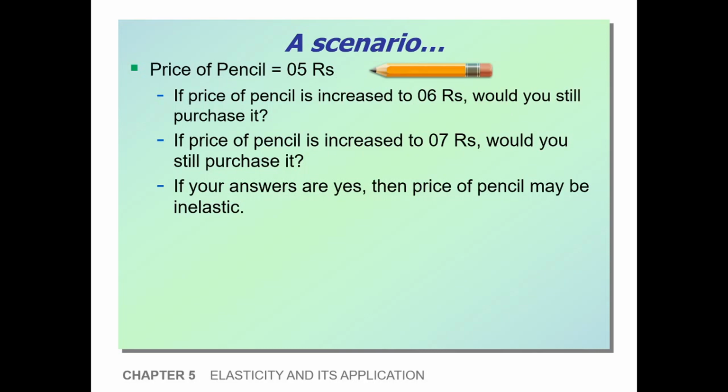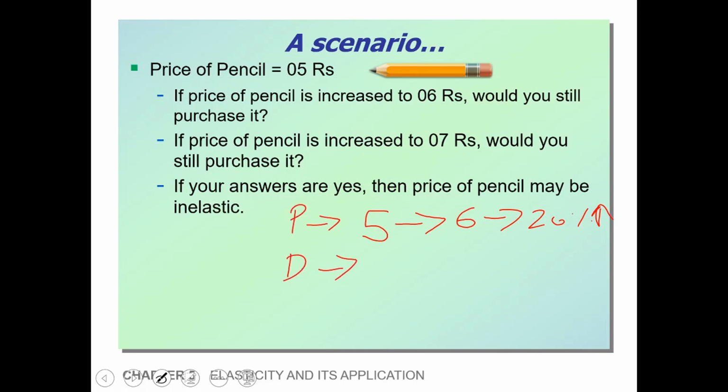So a change in price from 5 to 6 means a 20% increase in the price level. But the demand will not decrease by that much.